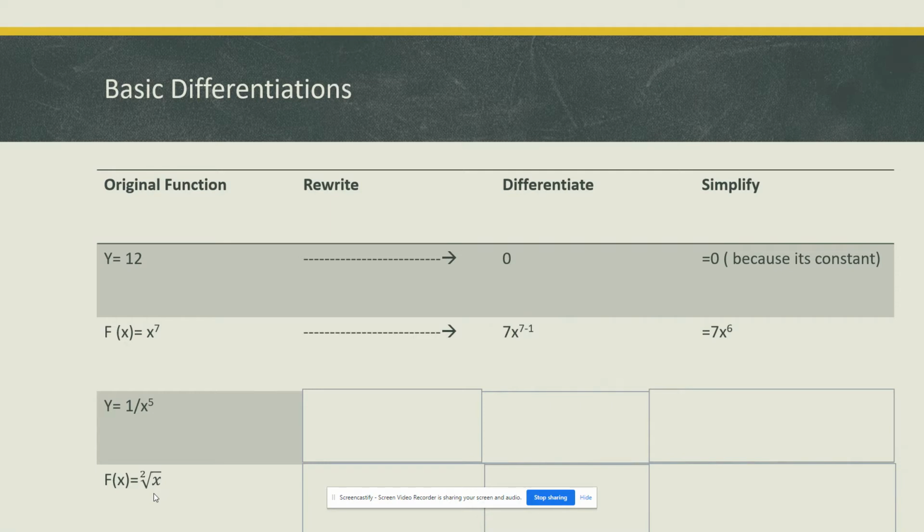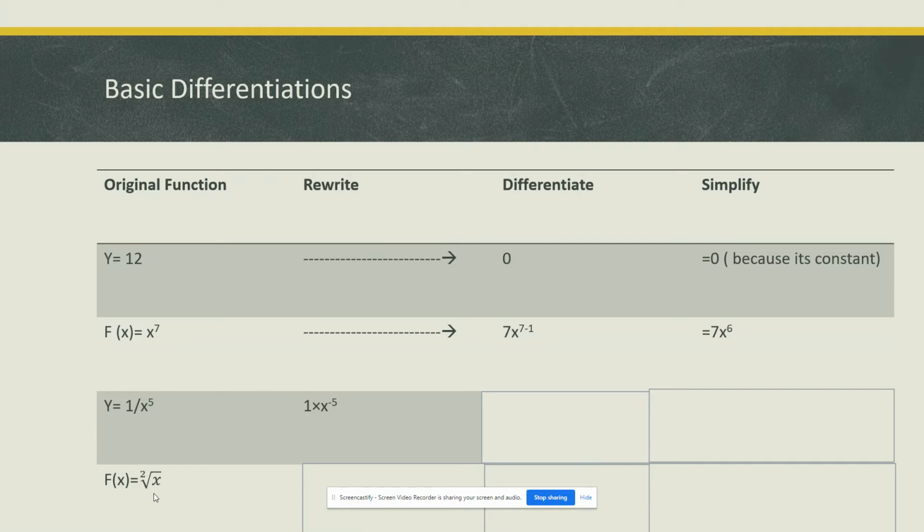The next question, y equals 1 over x to the power 5. For this function, we have to rewrite it as 1 times x to the power negative 5, because we cannot differentiate this function unless the x to the power 5 is on top. When we bring the x to the power 5 on top, it changes the sign of the power to x to the power negative 5. To differentiate this function, we multiply the power by the number before x, which is 1.